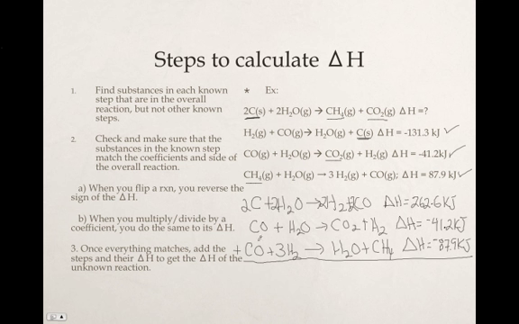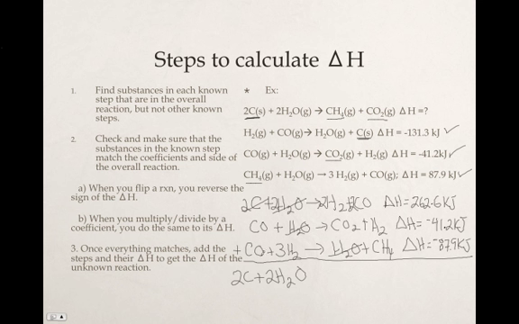We don't have carbons anywhere else in the reaction, so we can leave that as is, and we cross it out once we're done with it. We have 2 H2Os here, another H2O in our second step, and we have an H2O on the product side of our third step. The H2Os with the coefficient of 1 will cancel each other out, so we can just bring down the 2 H2Os then. And now we're done with that because I brought it down.